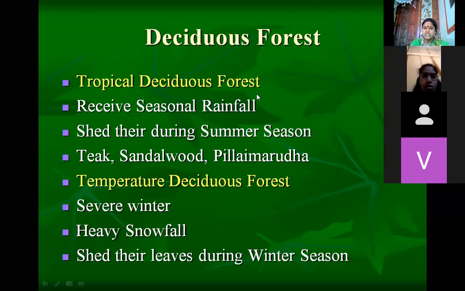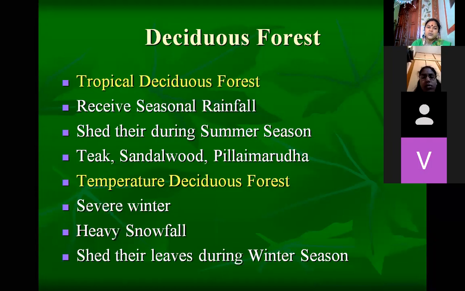Let us see deciduous forest. See, deciduous forests are of two types, tropical deciduous forest and temperate deciduous forest.